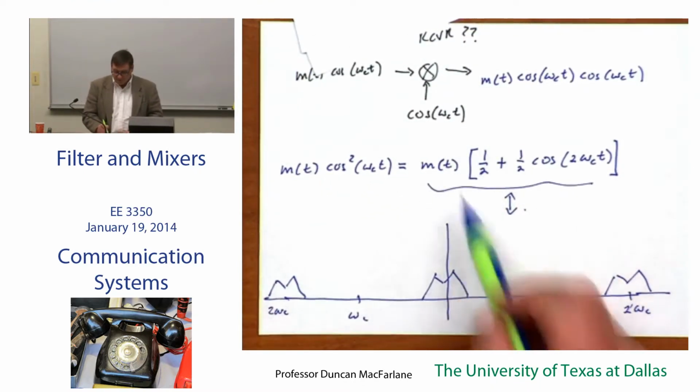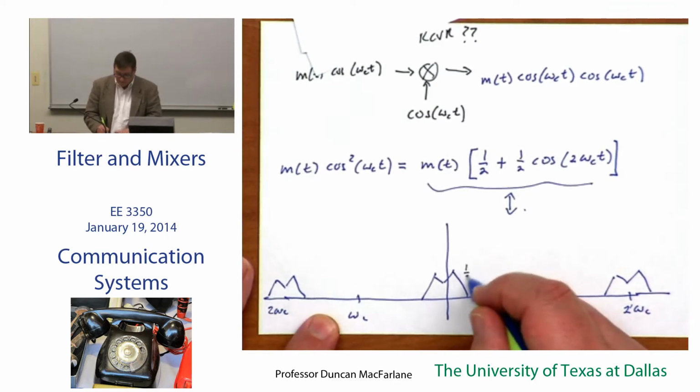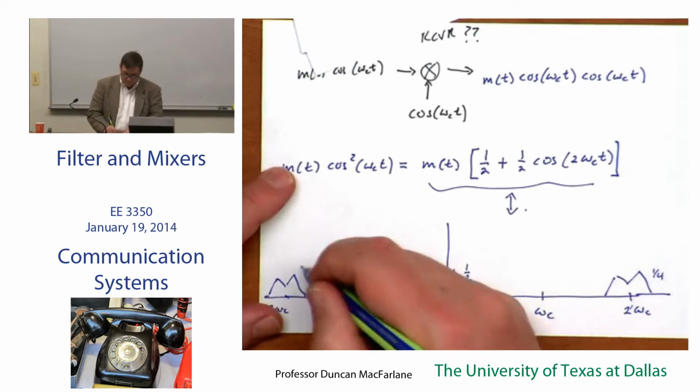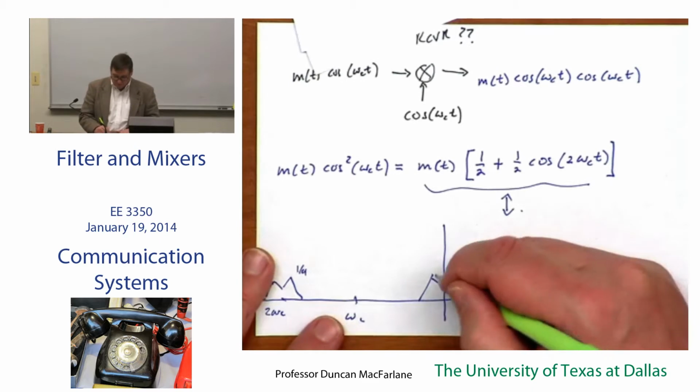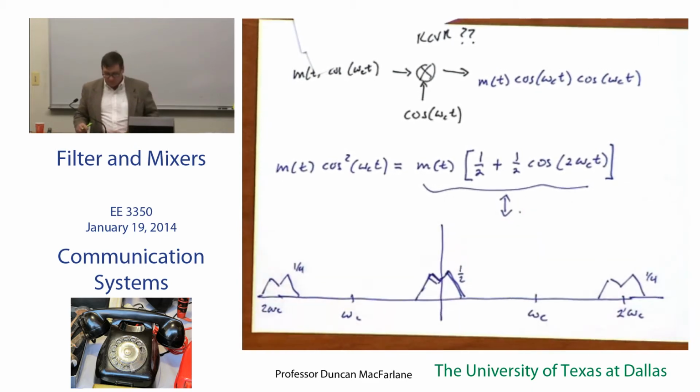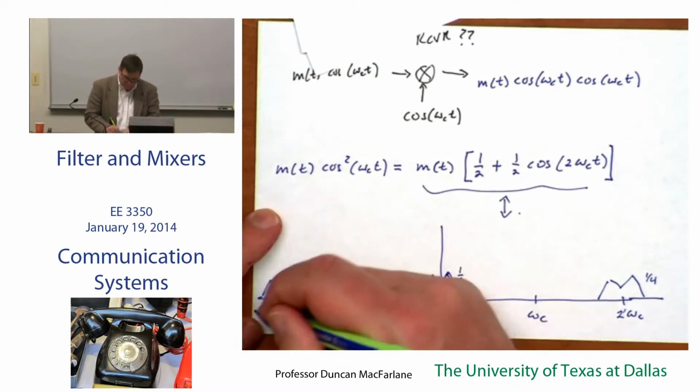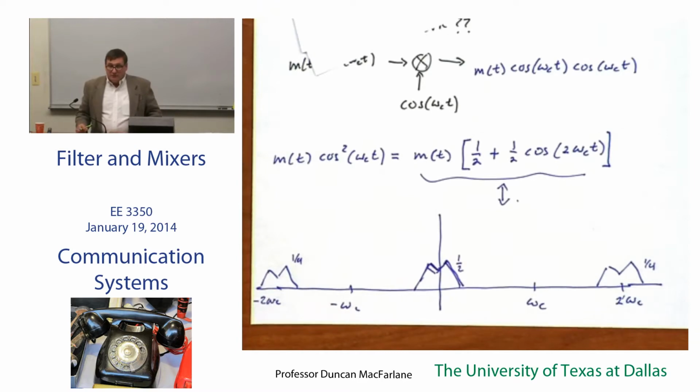I have M of omega, half of it, sitting at the baseband. Really bad picture. Should be nice and centered if my omega c's are perfect. And then half of it at 2 omega c and the other half at minus 2 omega c. Exactly what I said. Rip it up, throw it to the right, throw it to the left, and that's what I get. Very weird description. But that's what the math speaks to me to do.